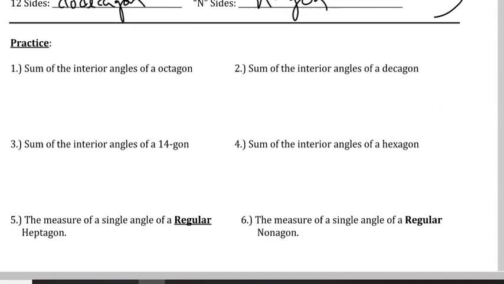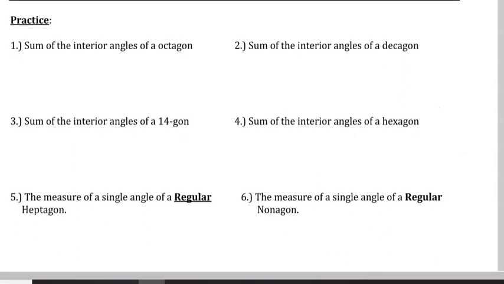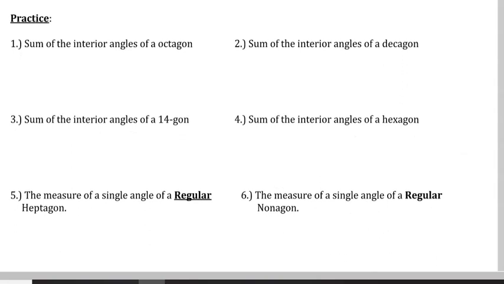So if we were looking at something like this, the sum of the interior angles of an octagon. Octagons have 8 sides. Rather than drawing it out and trying to figure out how many triangles you can get, I would just say octagon, 8 sides minus 2, we're just using our formula, times 180.